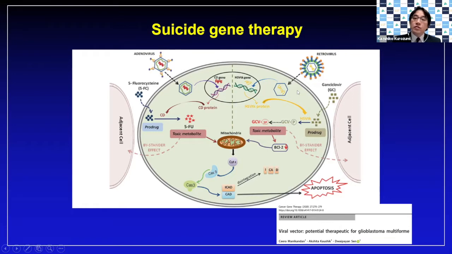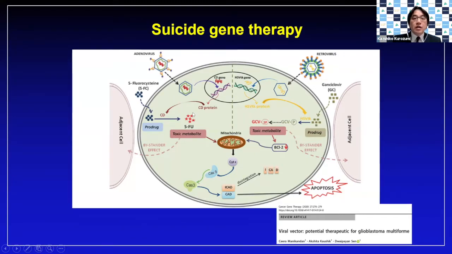We can put the TK into a retrovirus or adenovirus. Then that thymidine kinase phosphorylates ganciclovir, which gives a toxic metabolite and then apoptosis.